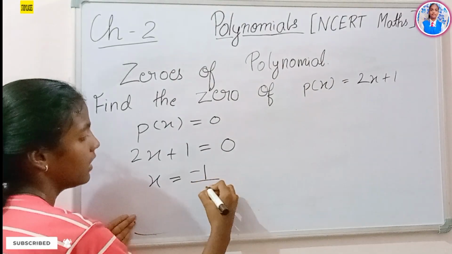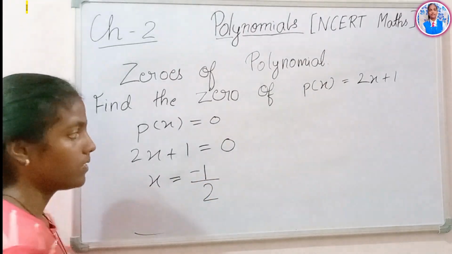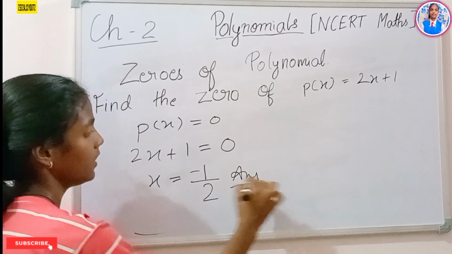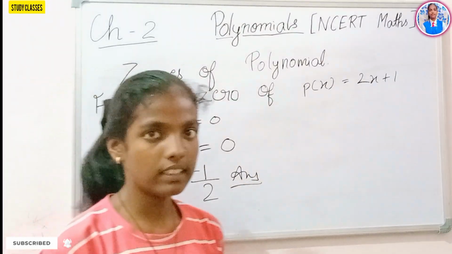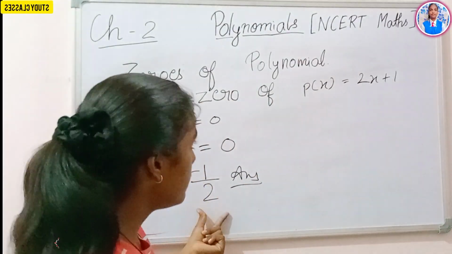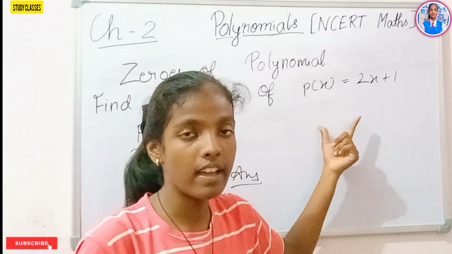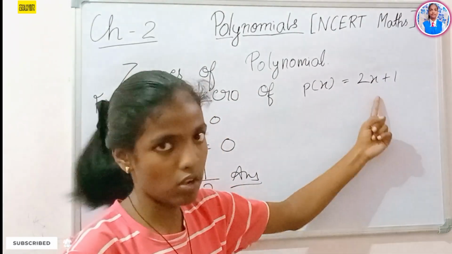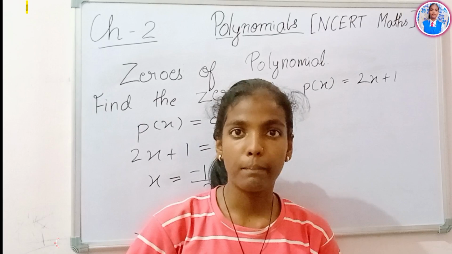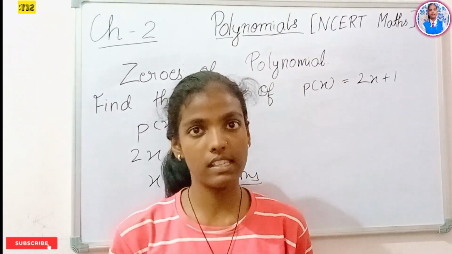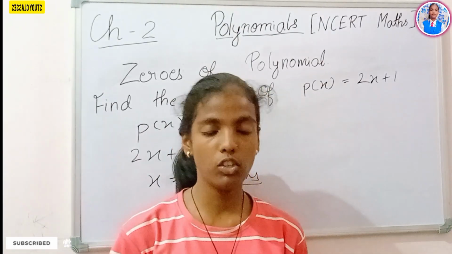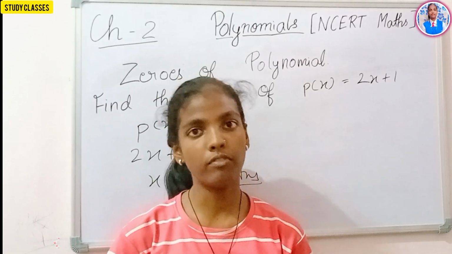So we will get -1 by 2. This is our answer. So if we put -1 by 2 in the place of x, by solving this we will get 0. I hope that you have all understood about the zeros of a polynomial.